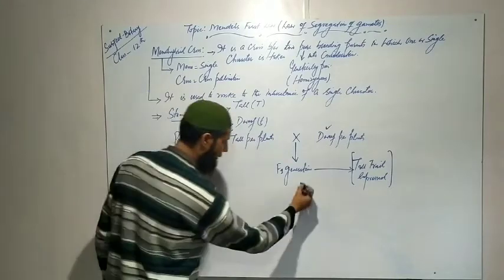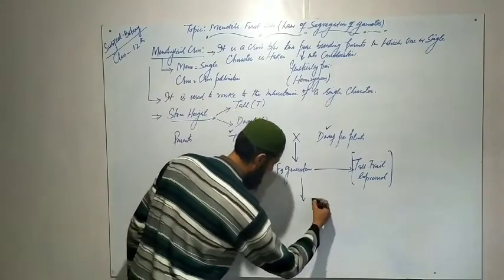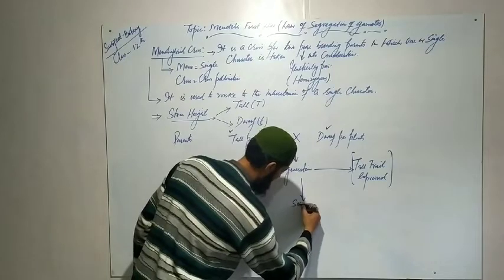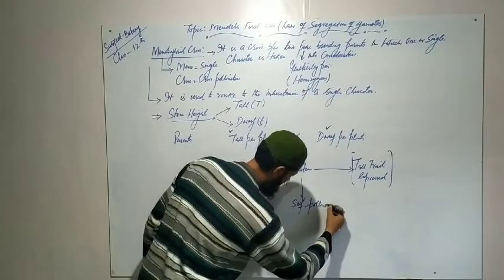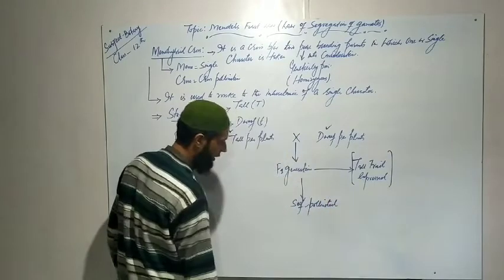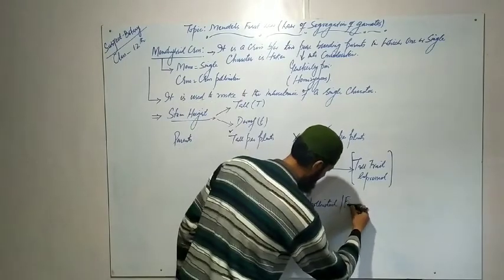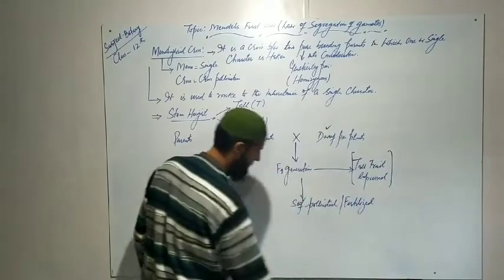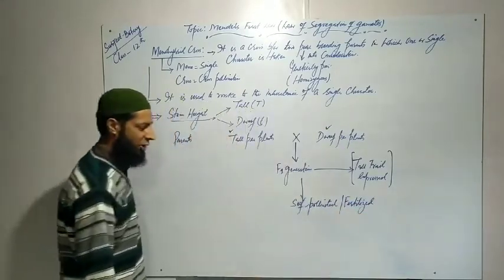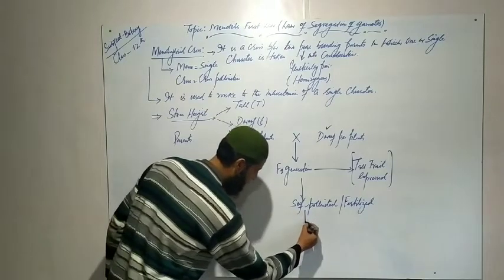But when the F1 generation is self-pollinated or self-fertilized, it forms another generation, that is the F2 generation.